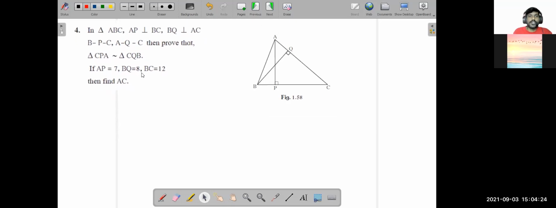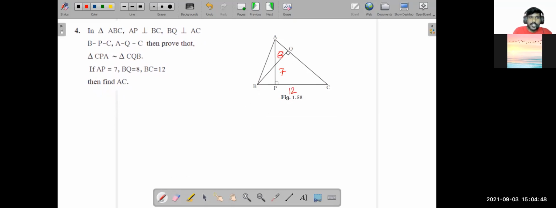So in this triangle, it is given CPA and CQB. They are both similar to each other. This is given to you in the question. You don't have to prove. But in this, length AP is given 7. BQ is given 8.